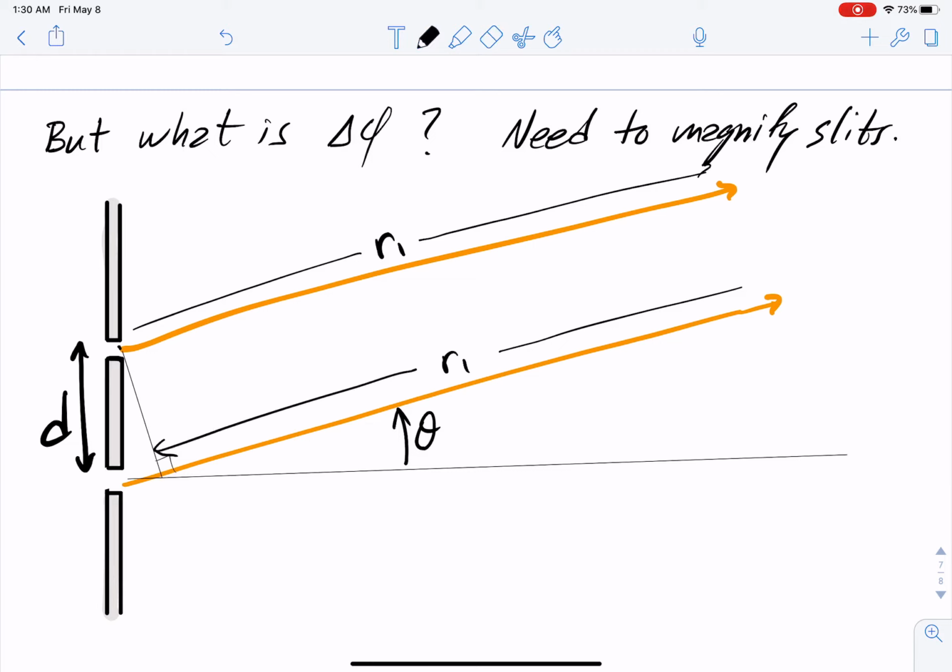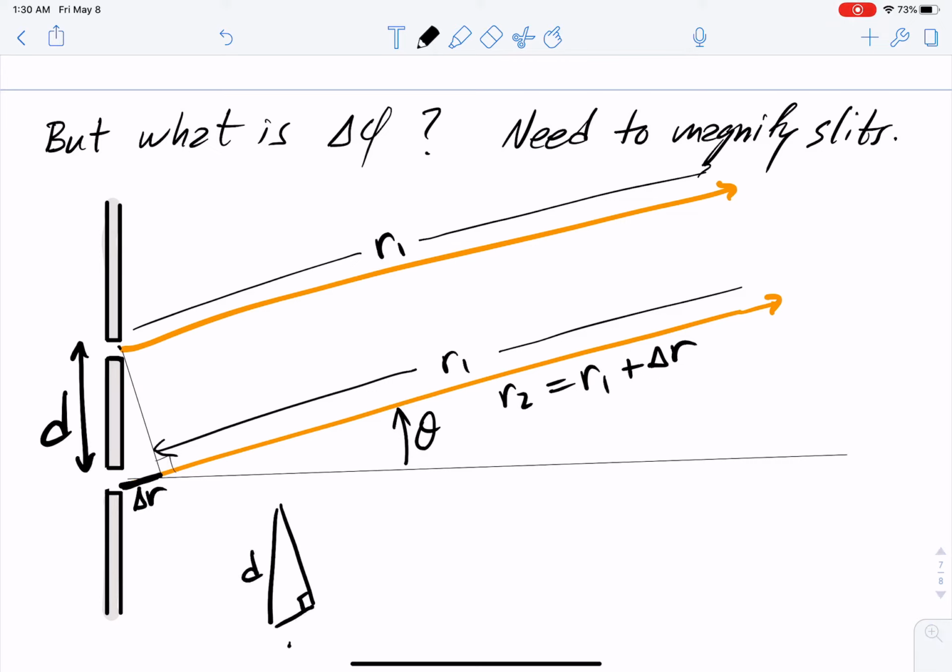So you can see that this guy, R2, the full thing, is R1 plus this little piece here, which I'm going to call delta R. Now, we have a triangle like this. This is a right angle.